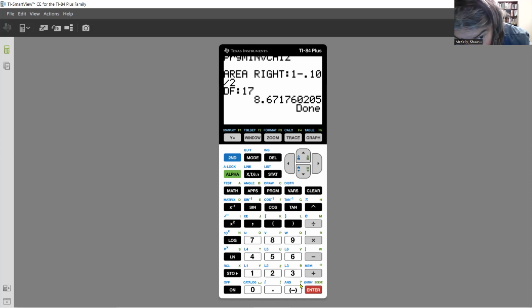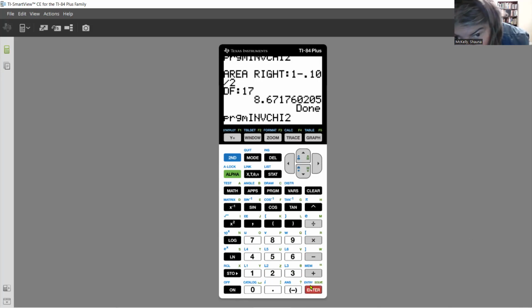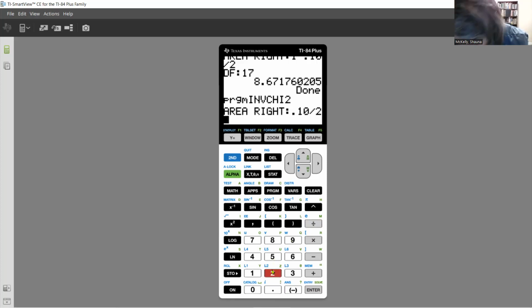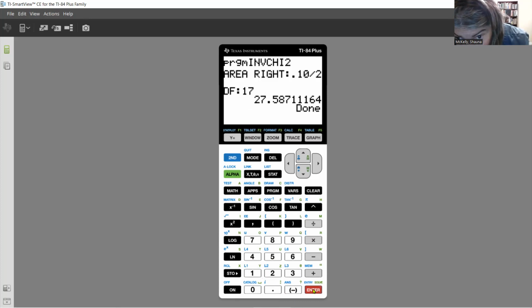There's my left critical. My right critical for this is going to be program inverse chi, enter. And this is going to be 0.10 divided by 2. And it's going to be 17. We have 8.7 and we have 27.5871.